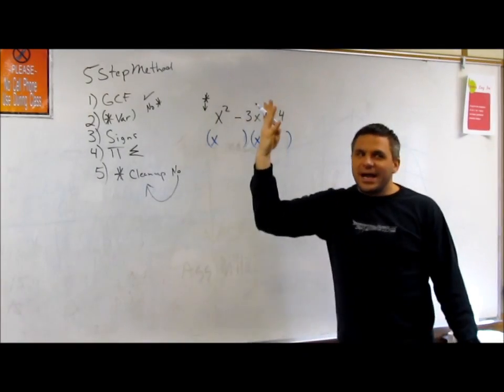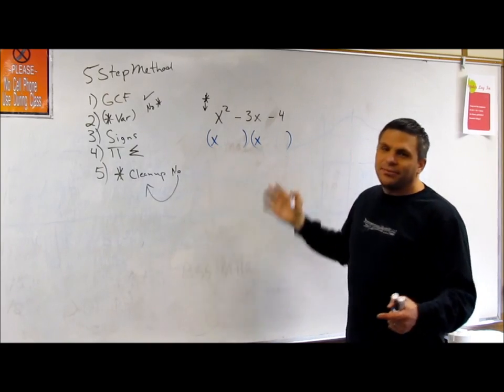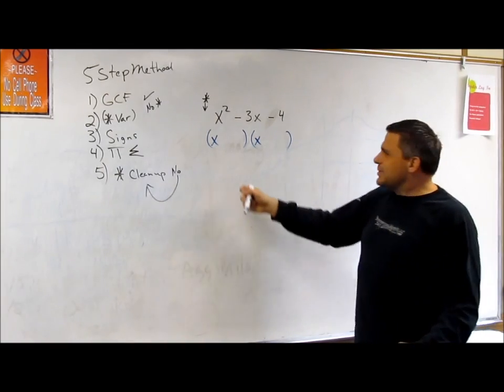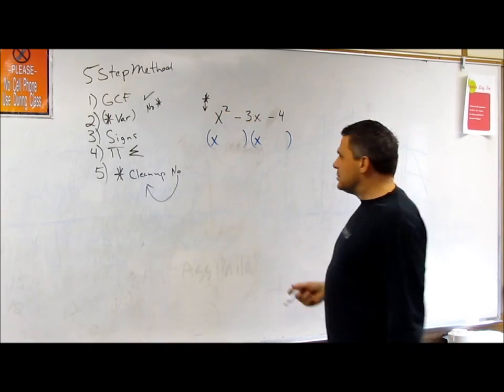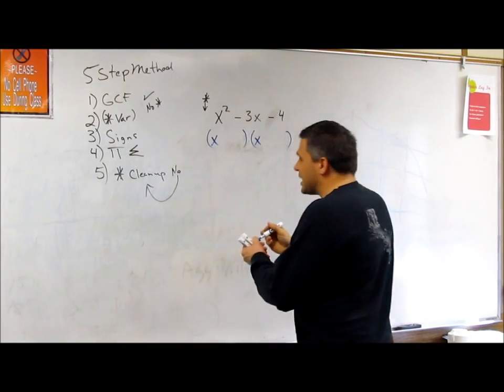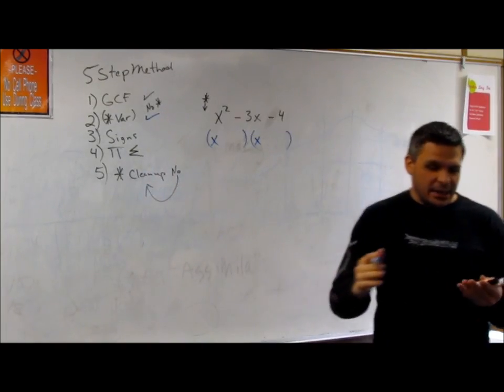If there were 4 x's, then I would put 2 and 2. If there were 6 x's, I would put 3 and 3. Does that make sense? So these have to add up to be this many. Okay, so that's our second step. Done. Simple so far, right?